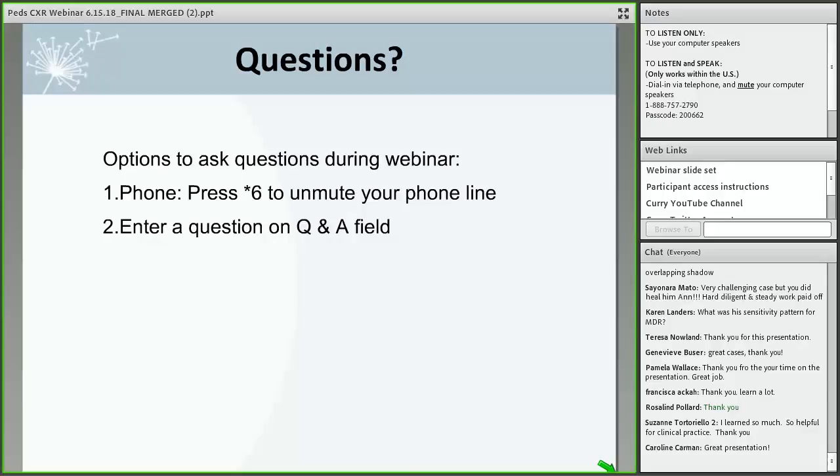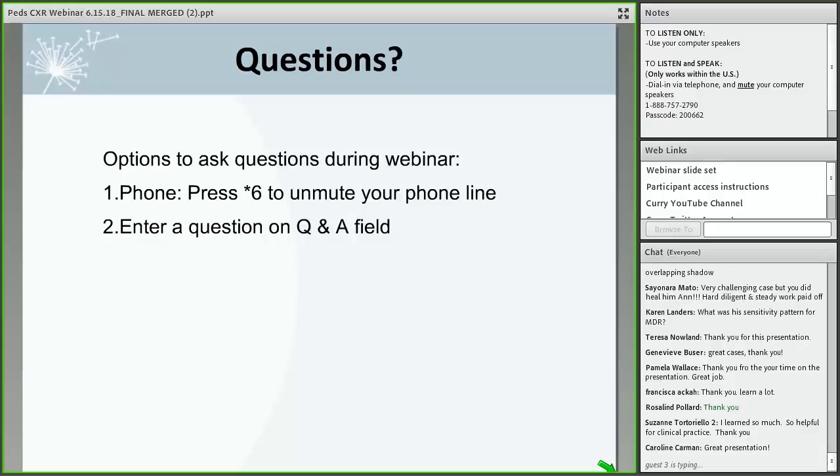Let's see, Nancy Torres says, if you saw an infant a couple weeks after contact, he had a normal chest radiograph and a negative skin test, would you consider repeating the chest radiograph in 2 months or so along with the PPD, or would you only do a chest radiograph? So if we saw an infant after exposure, had a completely normal chest radiograph, had a normal history and physical, and a negative skin test, we would put them on what we call window prophylaxis.